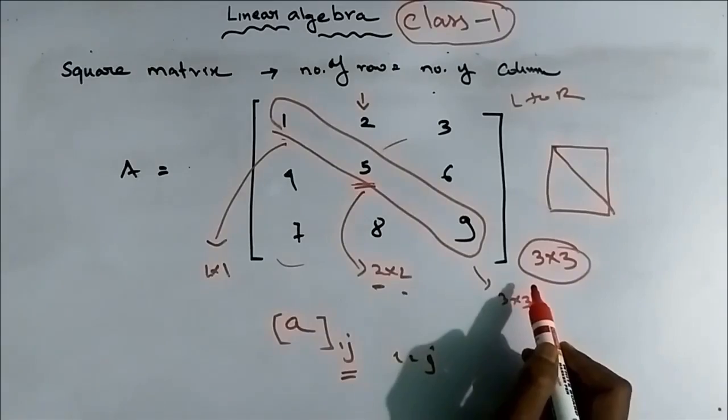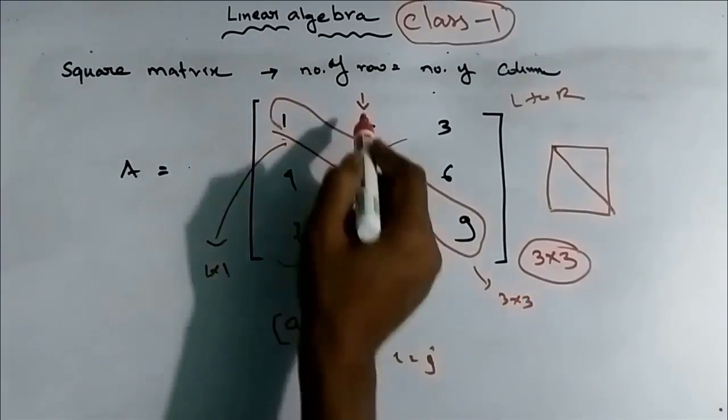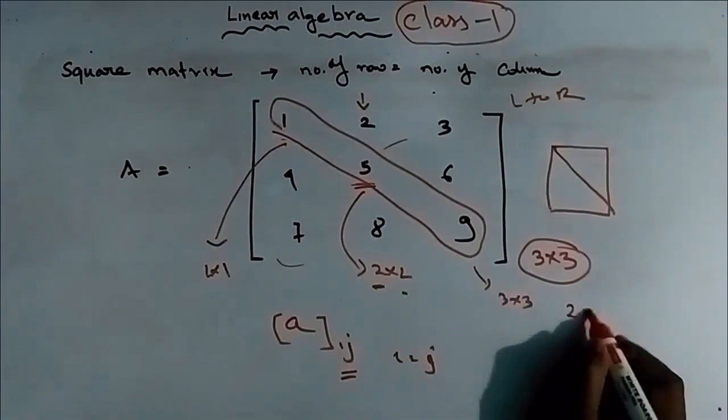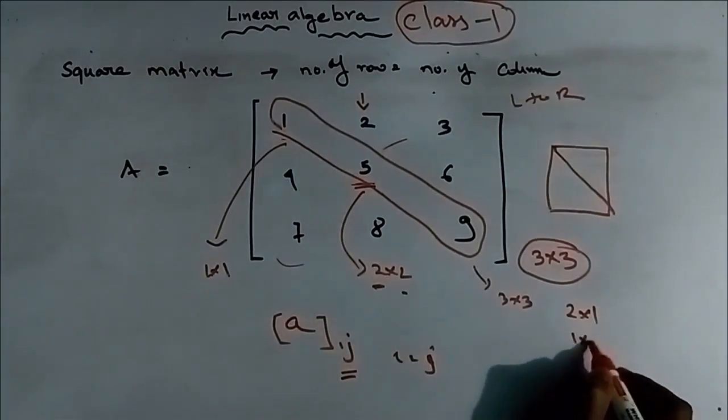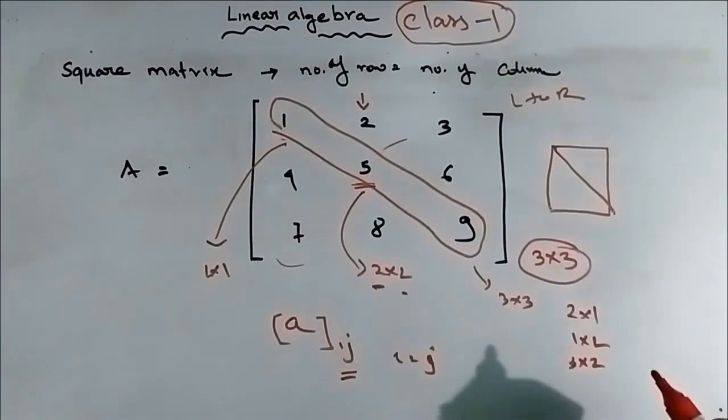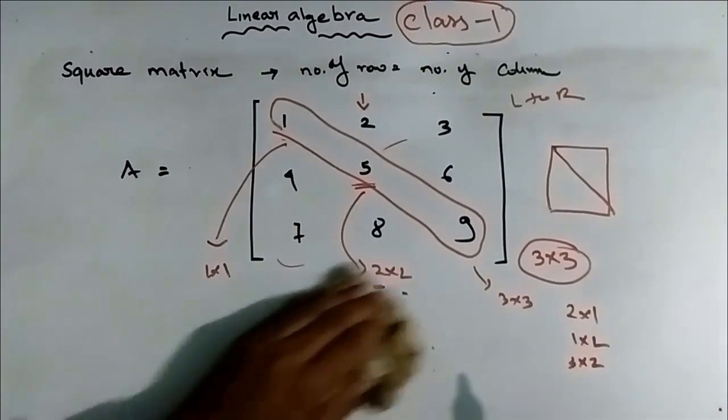So if I make a matrix by taking elements of this matrix whose order is less than 3 cross 3, that is 2 cross 1, 1 cross 2, 3 cross 2, that matrix will be a submatrix of this matrix. Let us give an example.